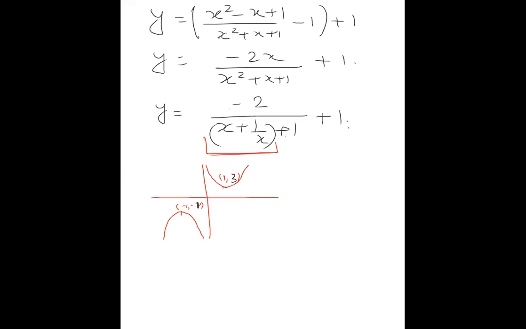Now the reciprocal of this, we know the reciprocal: if this is 3, obviously the reciprocal will go to 1 by 3, and this is minus 1, so the reciprocal will go to minus 1. So this point is (minus 1, minus 1). This point is (1, 1 by 3).